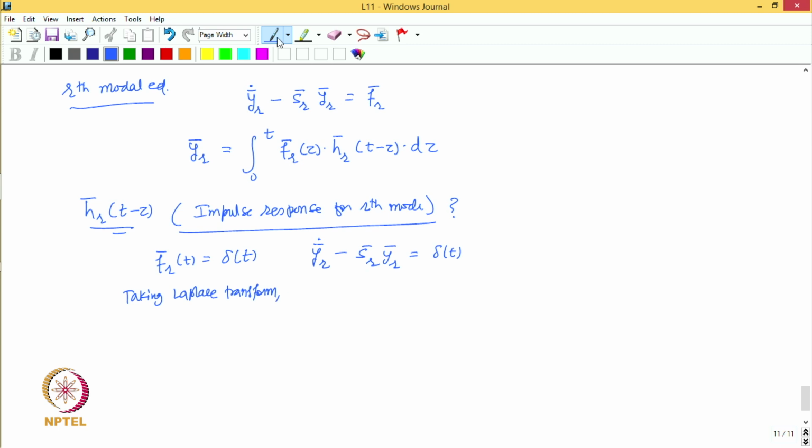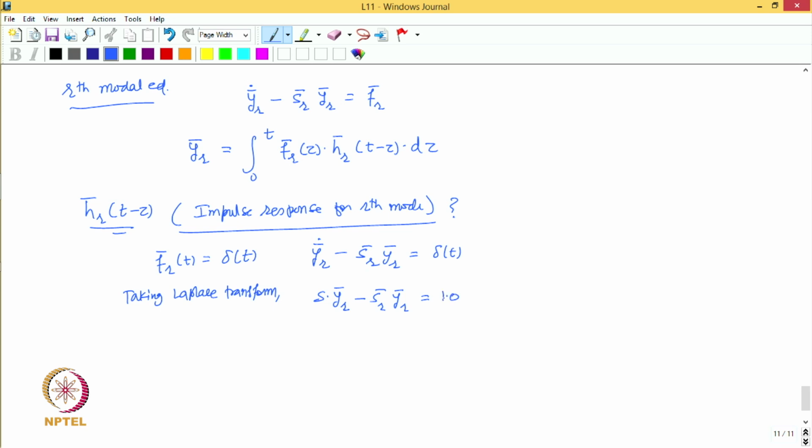So, Laplace transform of y r bar dot is s times y r bar, right, and then we are assuming 0 initial condition on y r bar, and hence the second term is 0, and then we have minus s r bar y r bar is equal to the Laplace transform of the Dirac delta function, which is unity.